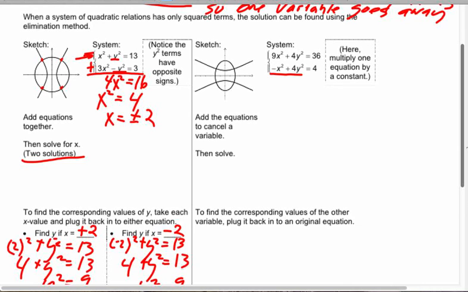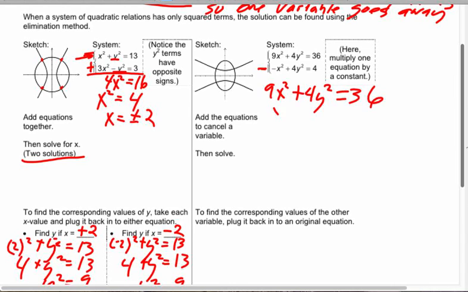The other thing you can do, and the way I did this, is to say, well, I've got 4y squared, so I'm just going to change the sign on all of these. So I've got to rewrite my system of equations, which is now going to be 9x squared plus 4y squared equals 36.